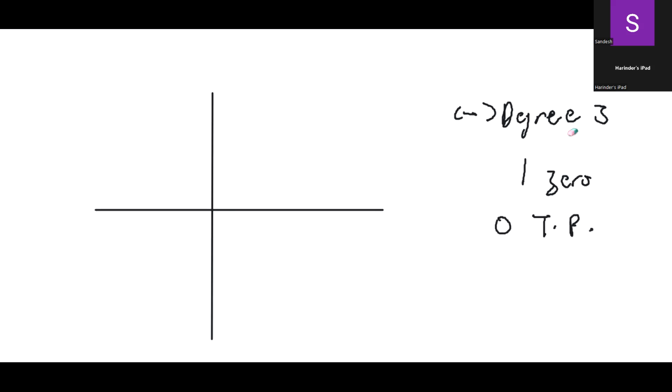Try this. So no turning points, 0 turning points. What could that look like?